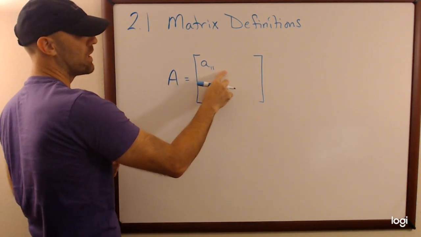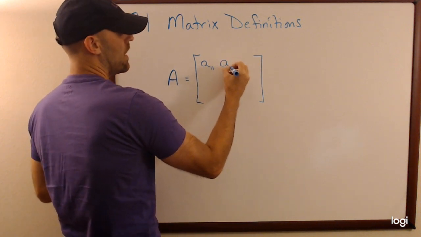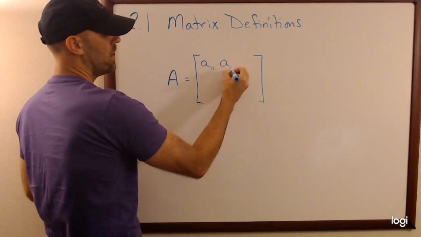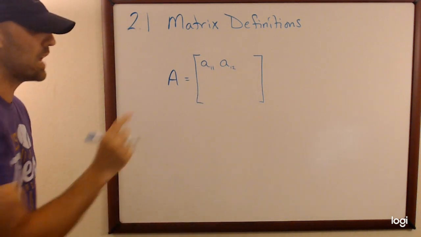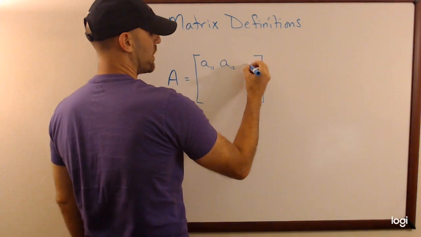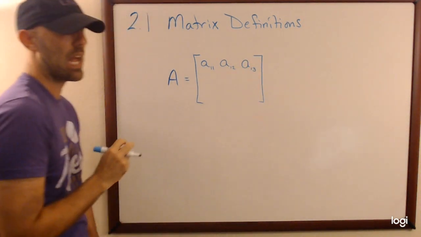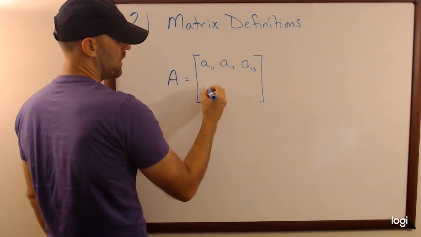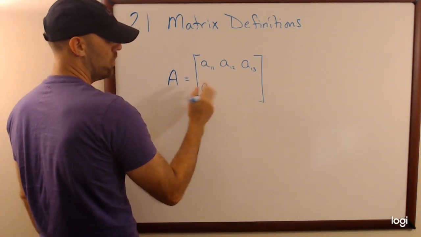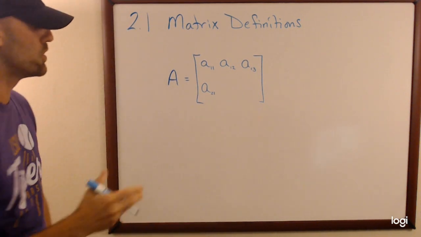And if you're following along, the one to the right of this would be what? Well, it would be row 1, but now we're in column 2, right? So that's A12. And the one to the right of that, still row 1, but we're in column 3 now, so A13. If I move just below A11, this is now row 2, but it's column 1, so A21.